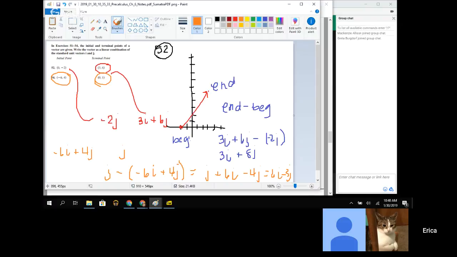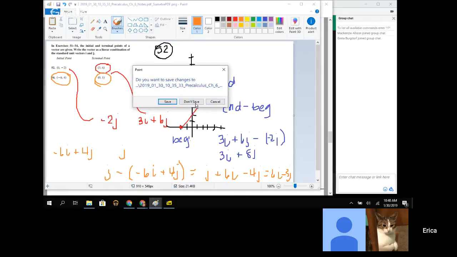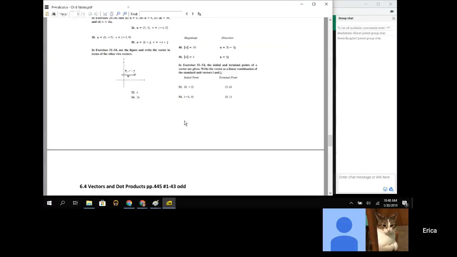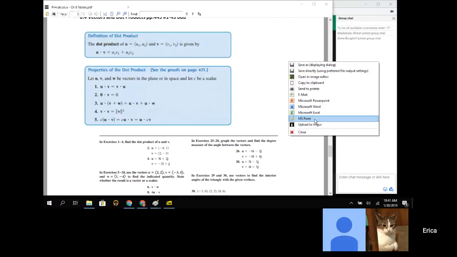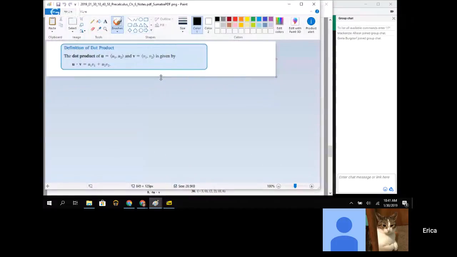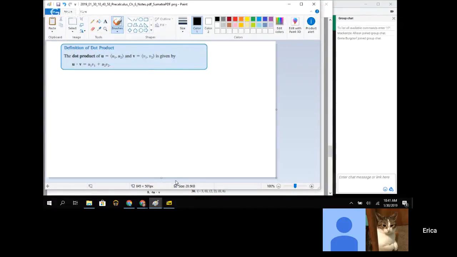I think all I'm going to do is show you one of the things that's going on in 6.4, because we're probably going to have to review it on Monday. But let me show you this just so you get to see it twice. The last section we talked about vectors, and this section is also vectors, right? In the last section, we added vectors together, we subtracted them, and we multiplied by a scalar. But if you want to multiply two vectors together, just like multiplying two matrices, you get to do something called the dot product.